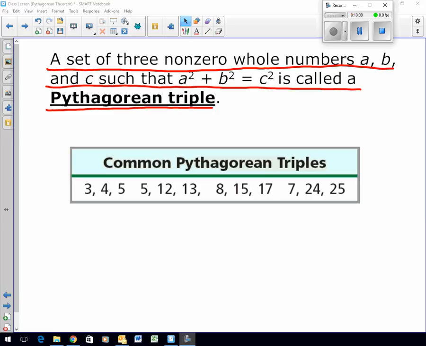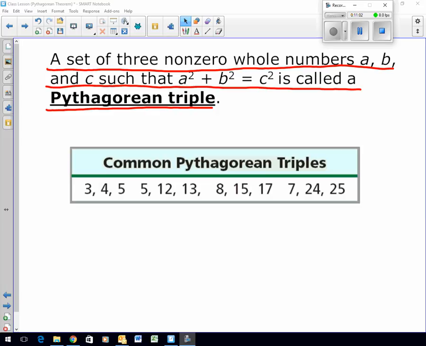Non-zero means other than zero, correct? A whole number could include zero. So non-zero means zero is not included for A, B, or C. Whole numbers. What are whole numbers? Anything that's not a decimal, fraction, or radical.